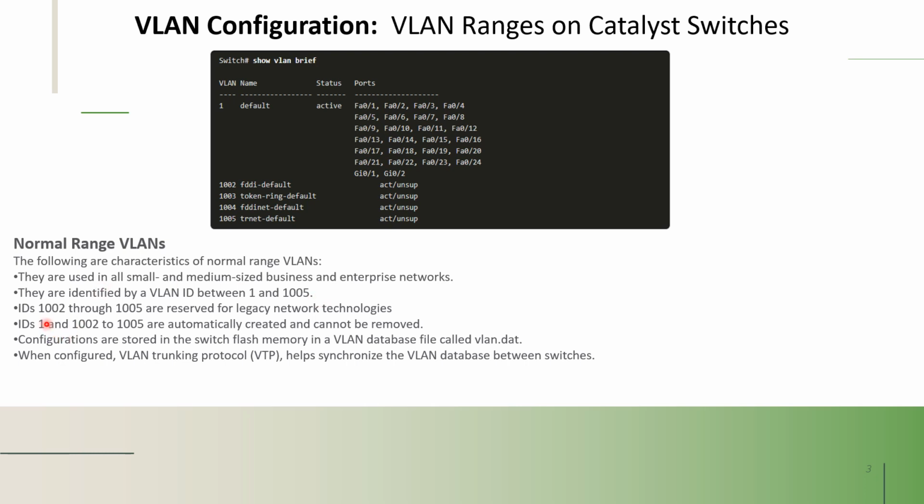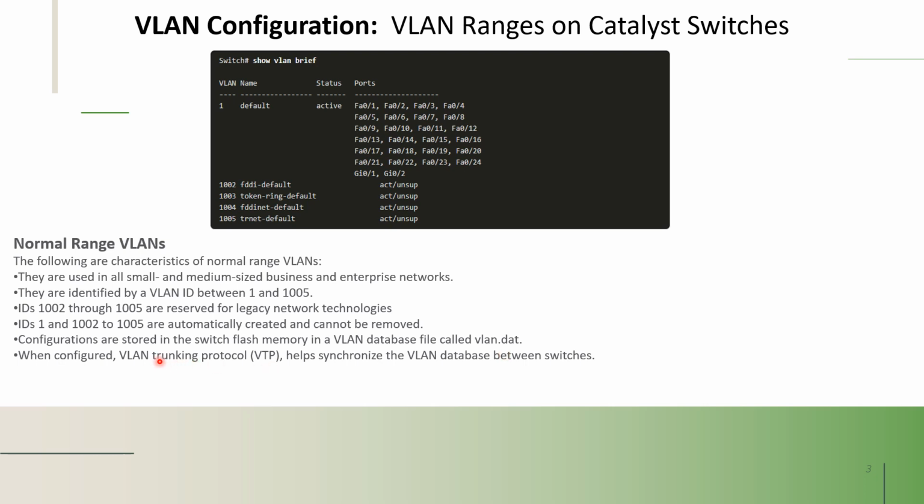The IDs from 1002 through 1005 are reserved for legacy network technologies. These are automatically created and cannot be removed. The configurations are stored in the switch flash memory in the VLAN database, which is called vlan.dat.